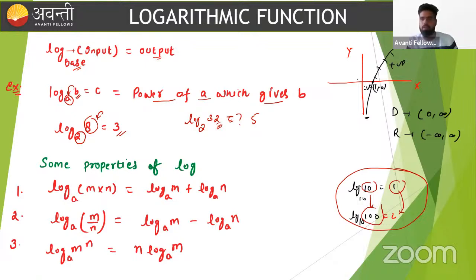Here are some properties which we have to know. We must know some basic properties of the logarithmic function, how it can operate, and in situations where it is difficult to solve the given problem, the logarithmic function helps us so that we can easily solve it.